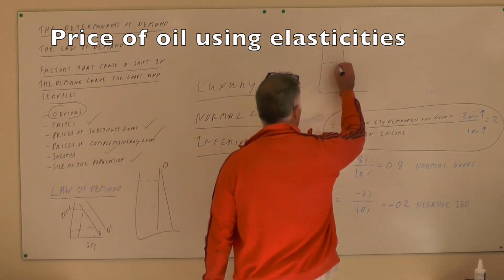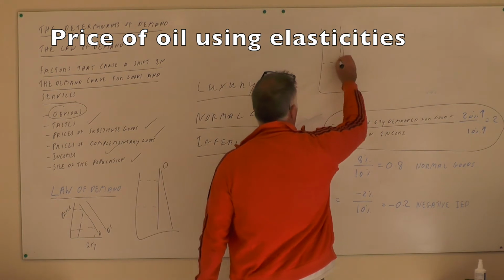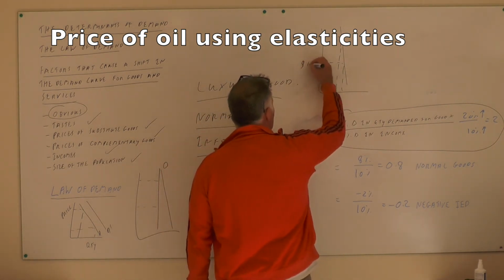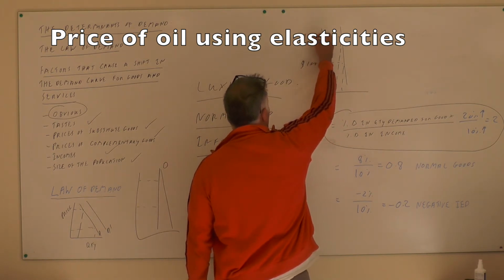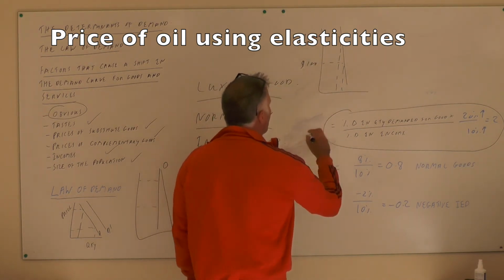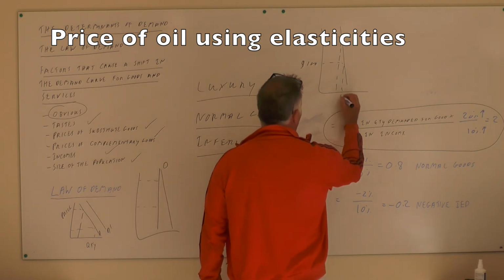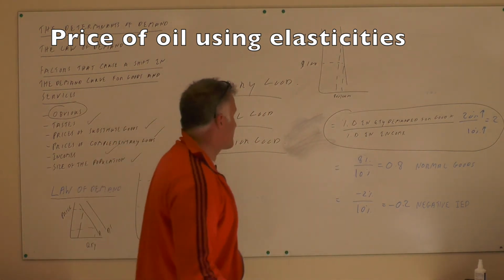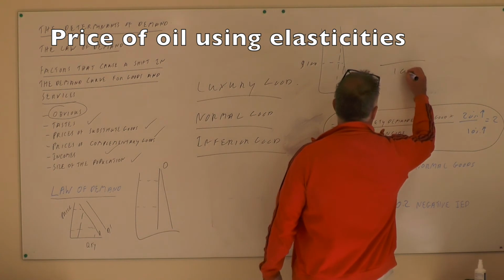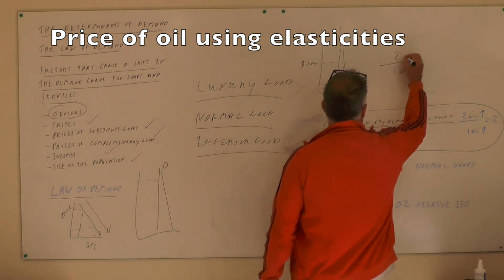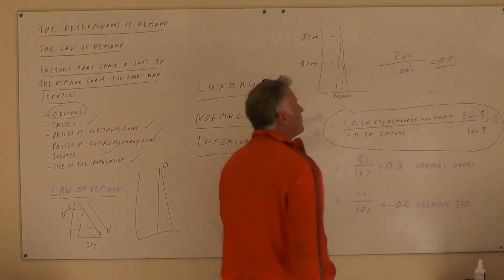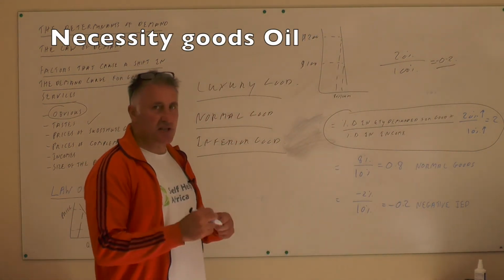So the price of oil jumps, from $100 a barrel to $200 a barrel. The demand will only fall from 100 million units to 80 million units, so demand has only fallen by 20%. In this case, the price has gone up by 100% and demand has fallen by 20%, so it's got a minus 0.2 elasticity of demand because it's a necessity good.